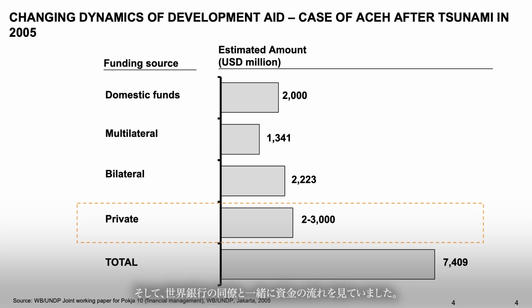And then I was looking at the fund flow with a World Bank colleague. Immediately after the tsunami, a lot of support was expressed, right? And then the government of Indonesia also decided to allocate a significant amount of funding, $2 billion from the Indonesian government side.